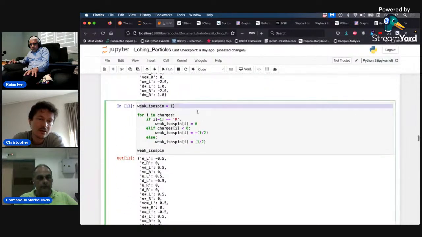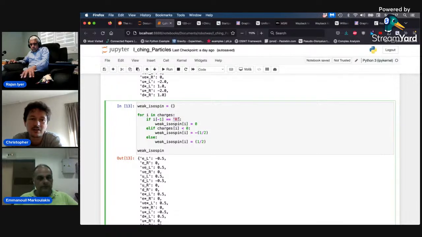Right, so here's the weak isospins, and again, we're just building up a dictionary. If the particle is right-handed, it doesn't matter if it is matter or antimatter, the weak isospin is always 0. If it is antimatter, the particle will have a weak isospin of -1.